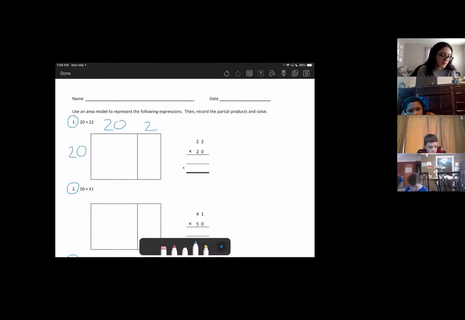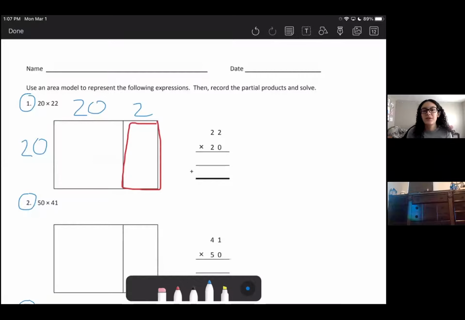So how am I going to find the area of this smaller rectangle first? Sophia. You're muted, Sophia.